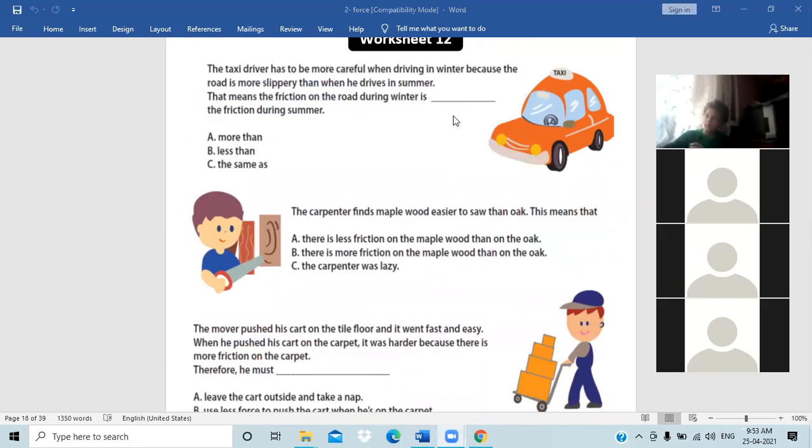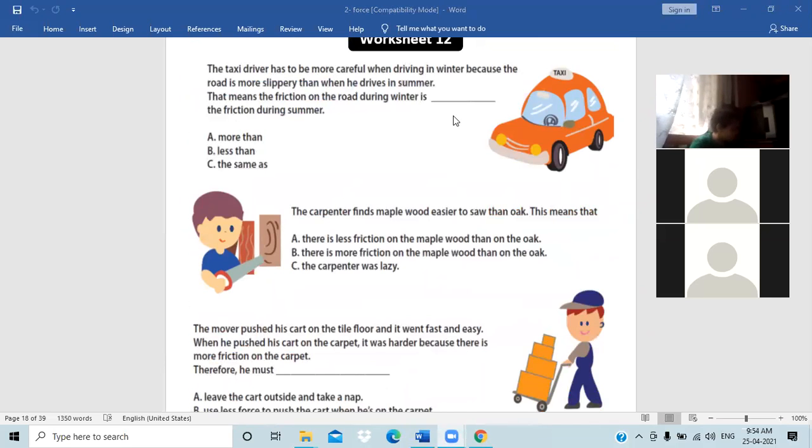Okay, in page 18, the first question, who would like to read the first question? Come on, Ayman, do the first question. The taxi driver has to be more careful when driving in winter because the road is more slippery than when he drives in summer. That means the friction on the road during winter is the friction during summer.